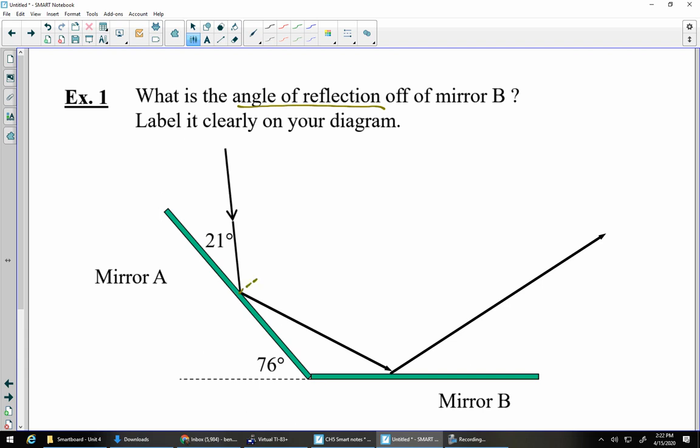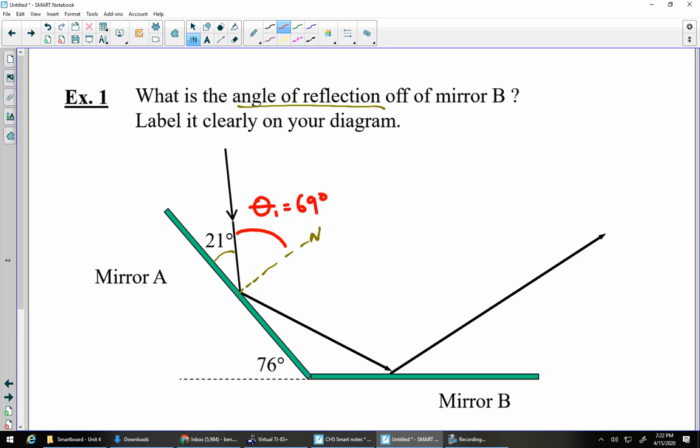So I can draw a normal line here, and this angle is 21 degrees. So I could figure out my incident angle, and I'm going to label that with an N for normal line. My incident angle off of mirror A is, let's see, 90 minus 21. Well, that's 69 degrees. But do I really care about this angle right here? I'm going to draw it in red because I don't really care. My original incident angle is 69 degrees.